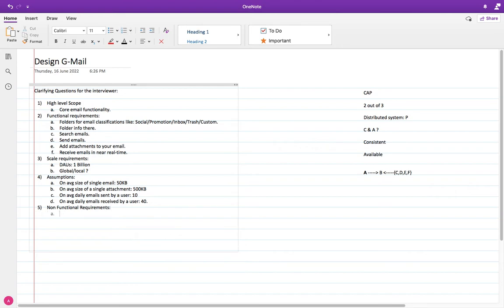So usually when I ask about the non-functional requirements, I touch on these four: reliability, availability, scalability, consistency.